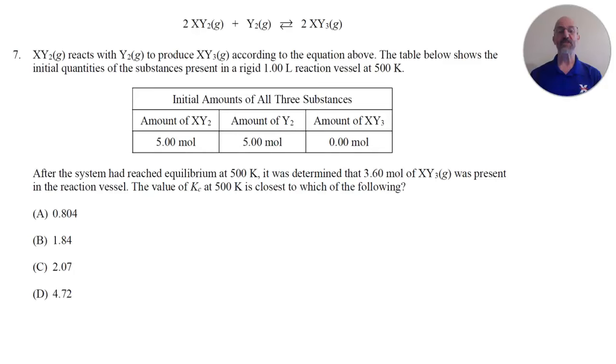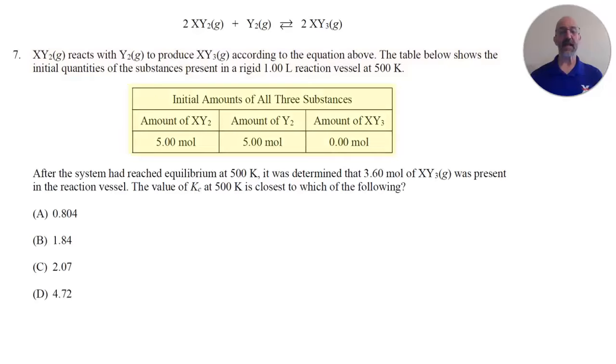This is question 7. In question 7, it says substance XY2 reacts with substance Y2 to produce substance XY3 according to the equation above. The table below shows the initial quantities of the substances present in a rigid 1-liter reaction vessel at 500 Kelvin.